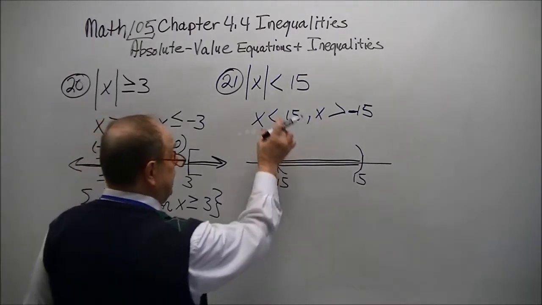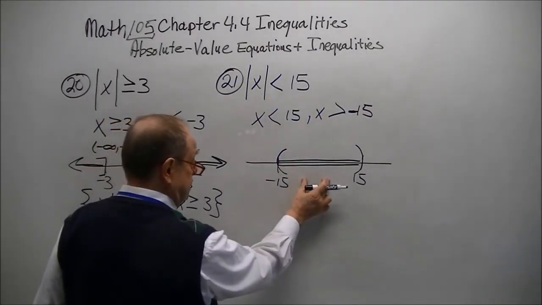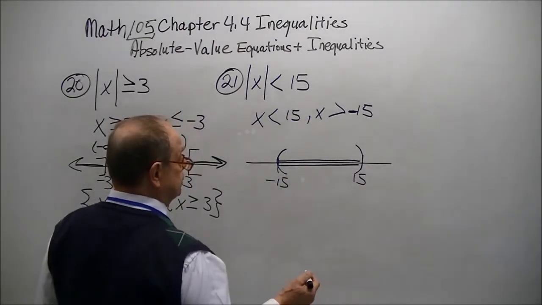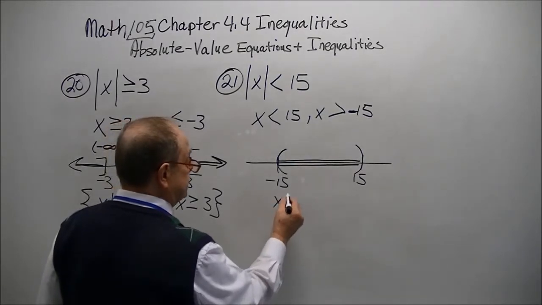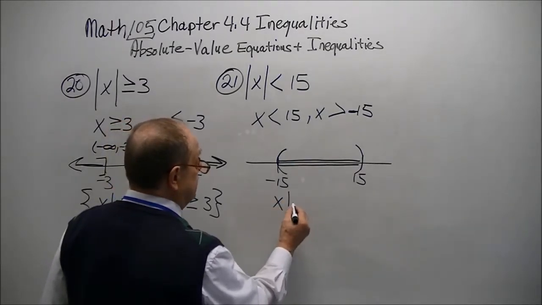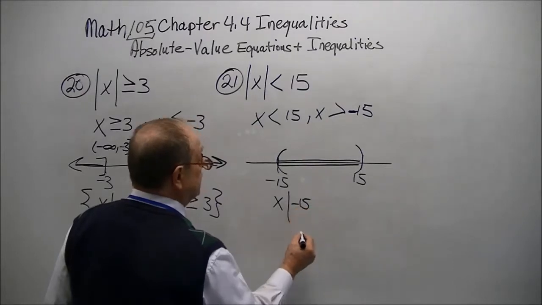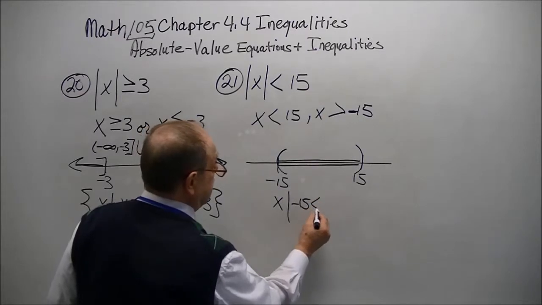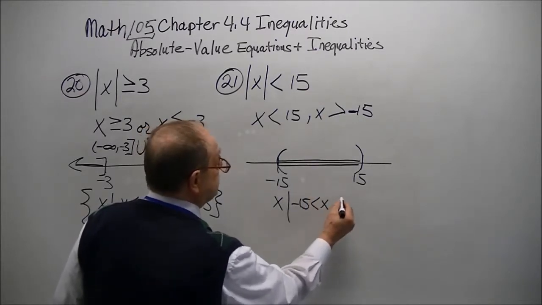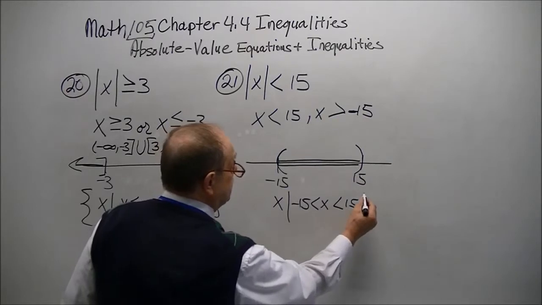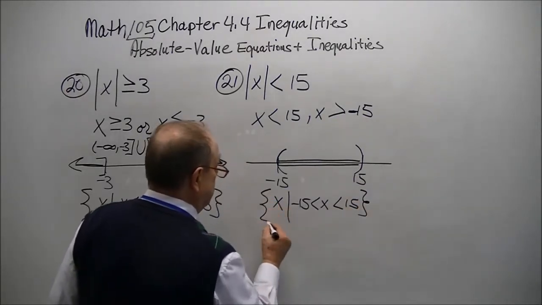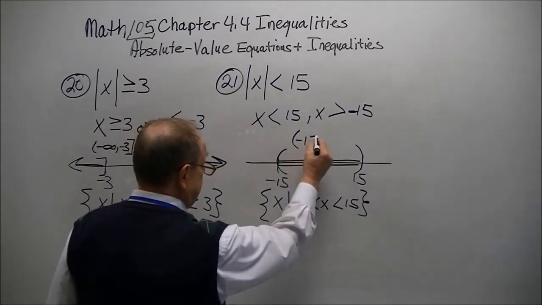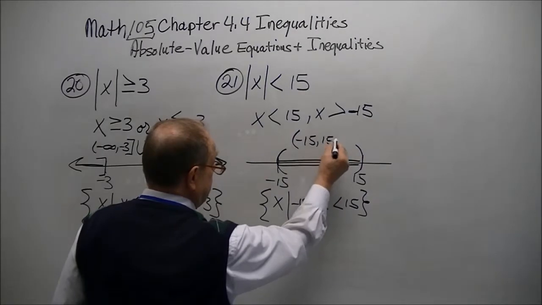So here we have a conjunction, and in writing this in set builder notation, we would say x is such that negative 15 is less than x, x is less than 15. And in interval notation, it would just be negative 15 to 15.